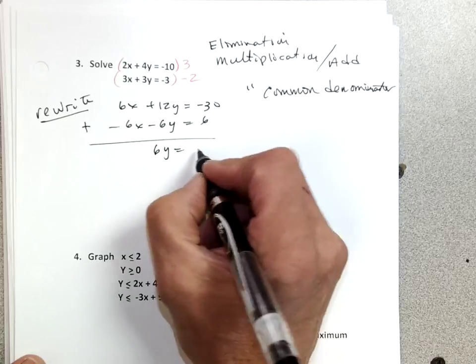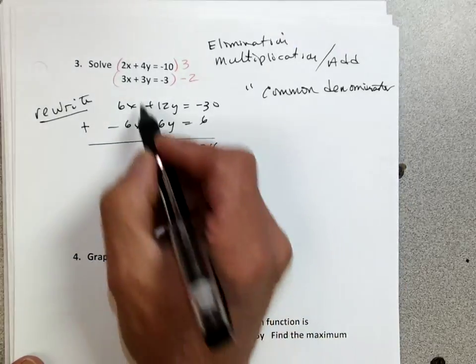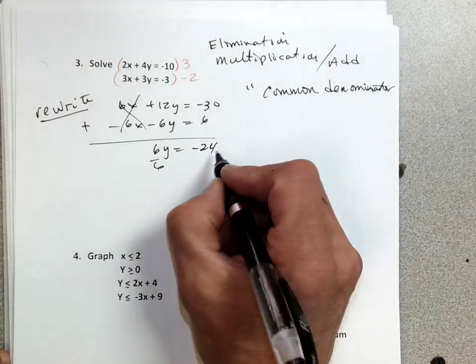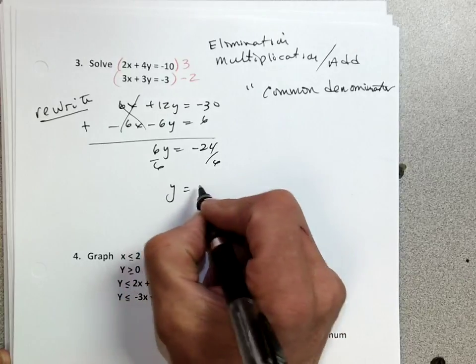Negative 30 and 6 is negative 24. Now the x's are gone, which makes it easy to solve for y. Divide by 6, and y is equal to negative 4.